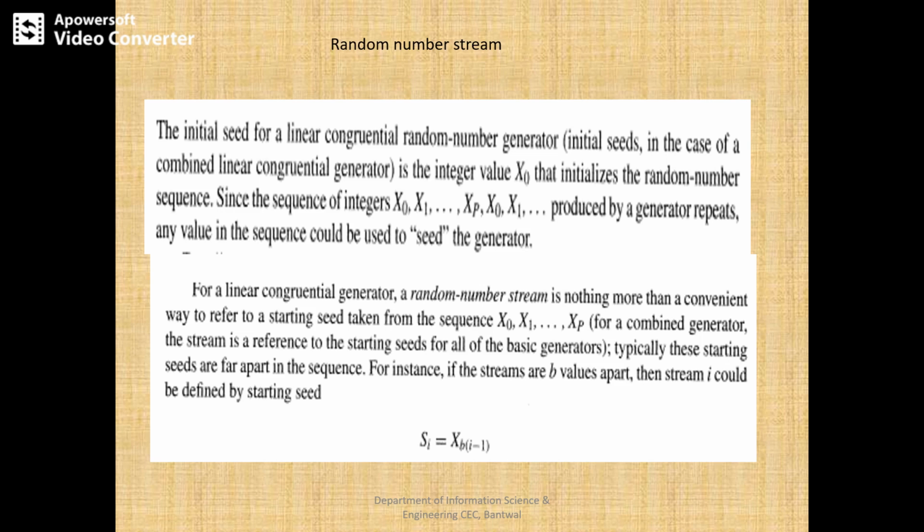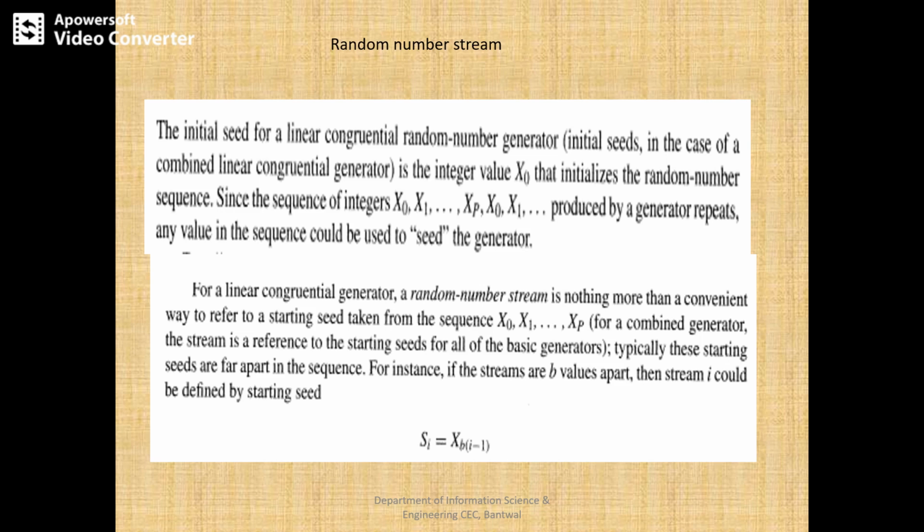For a combined generator, a stream is a reference to the starting seeds of all the basic generators. Typically these starting seeds are far apart in the sequence. For instance, if the streams are b values apart, then stream i could be defined by starting seed S of i equal to X of b times (i minus 1).